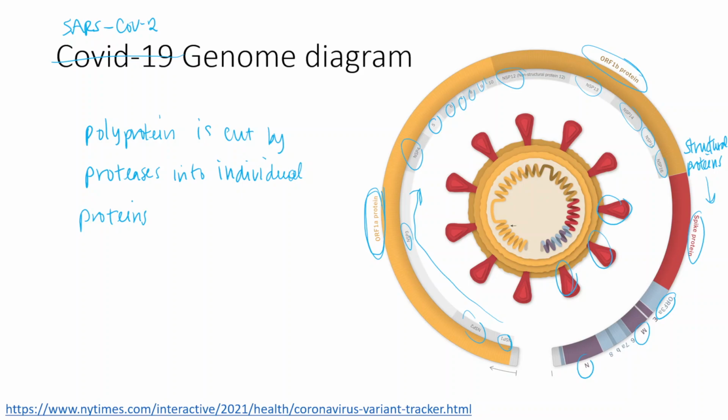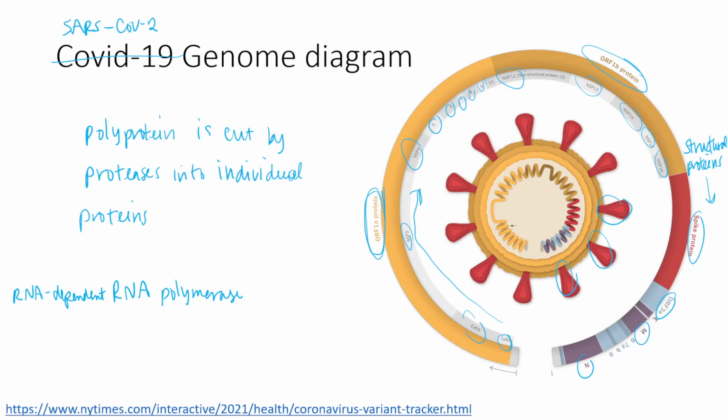So, I think I mentioned this before, but it has a special RNA polymerase. Part of one of these genes, the non-structural proteins, is an RNA-dependent RNA polymerase. So this is an RNA polymerase that reads out of RNA.